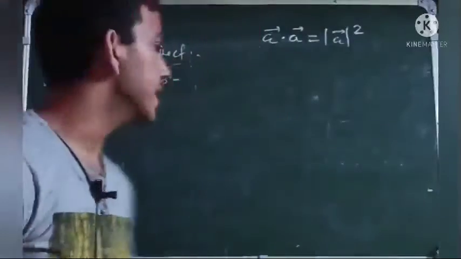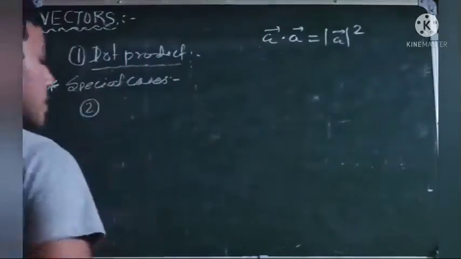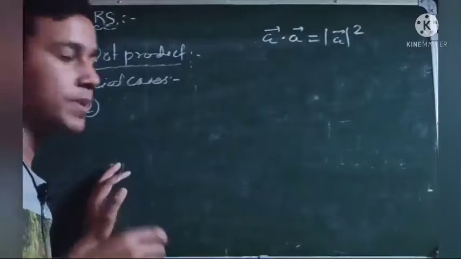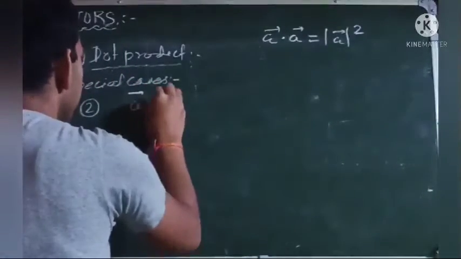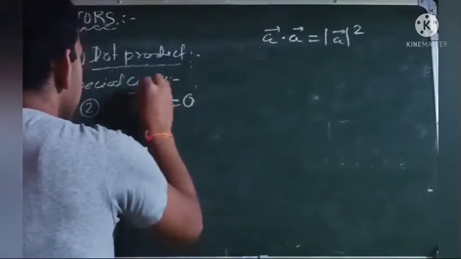Our next special case is, suppose we are given that a dot b is equal to 0. A vector dotted with b vector is producing 0.